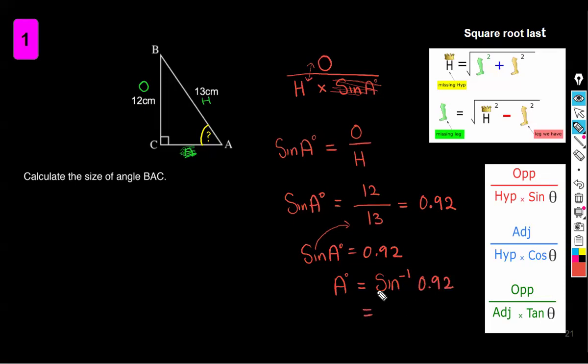And it's just a matter of typing that in on your calculator. Since it's the inverse, you press second function and sine, or shift and sine. Second function, 0.92. And we're going to get 66.93 properly to 2 decimal places, right?